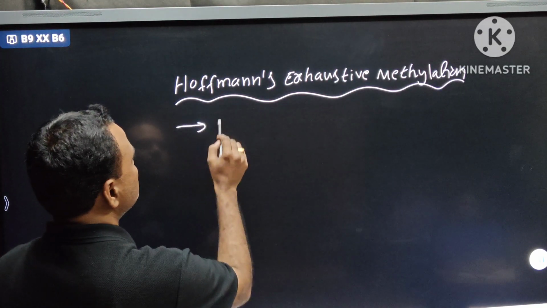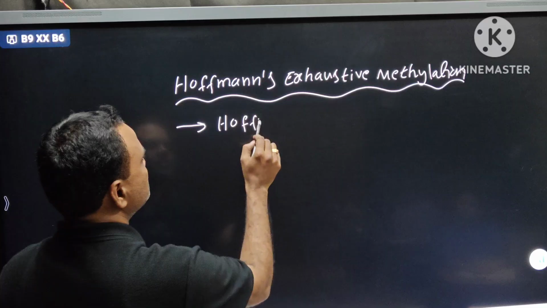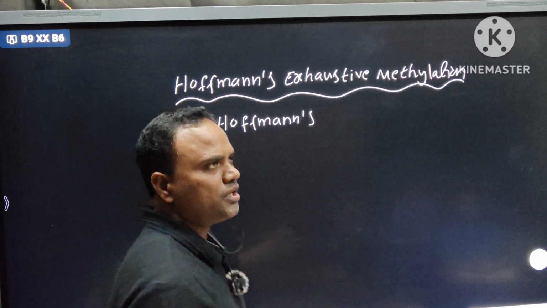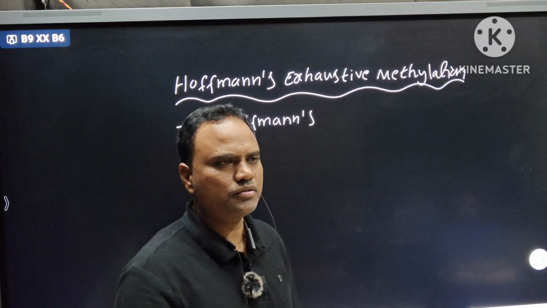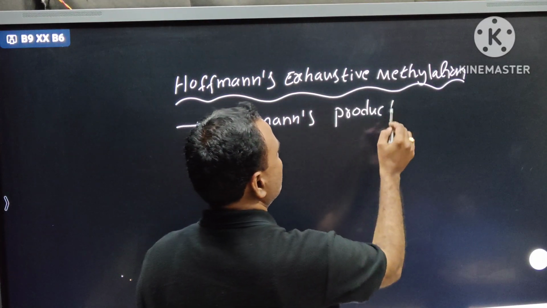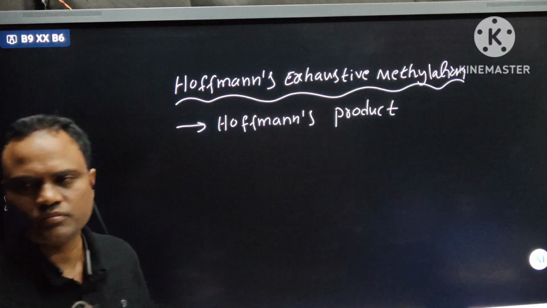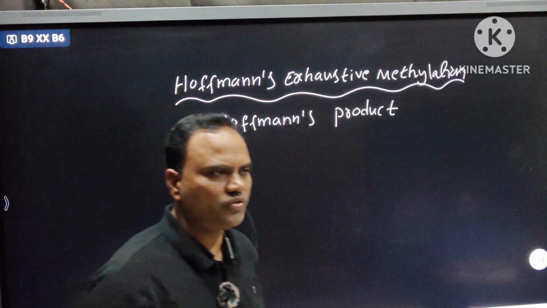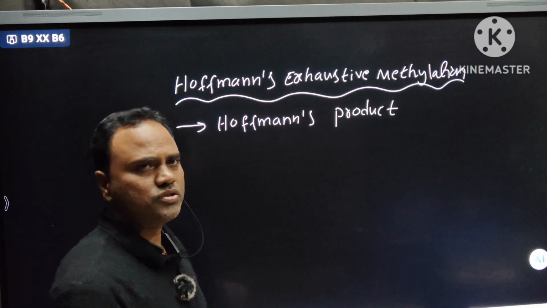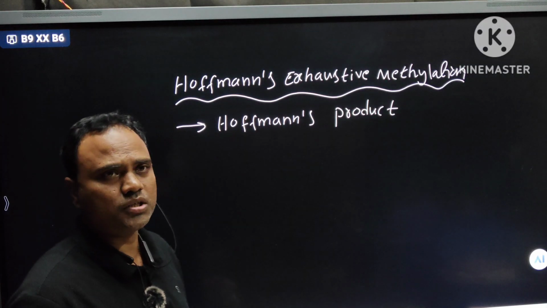First important point is Hoffman's product will predominate. What is Hoffman's product? We did this in the chemical properties of alkyl halides. You know already. Less stable, less substituted alkene.